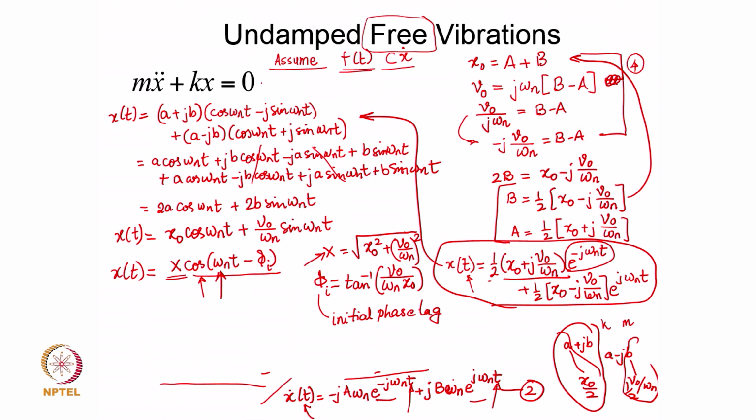Okay. So, this equation tells us that the free vibration response of this simple single degree of freedom system is harmonic with frequency omega n with amplitude capital X. And what does this capital X depend on in terms of its value? It depends upon the initial conditions x naught and V naught. Okay. So, the amplitude will be governed by the way you excite the system at t equal to 0.